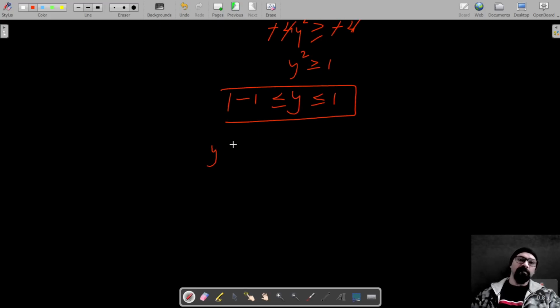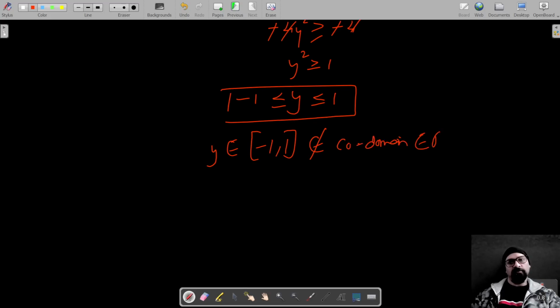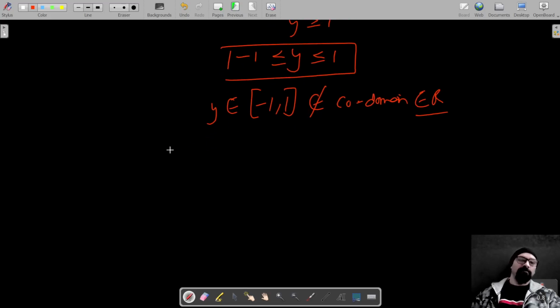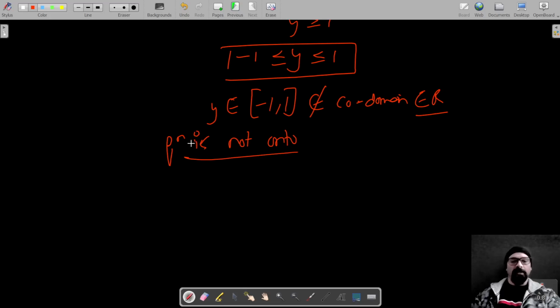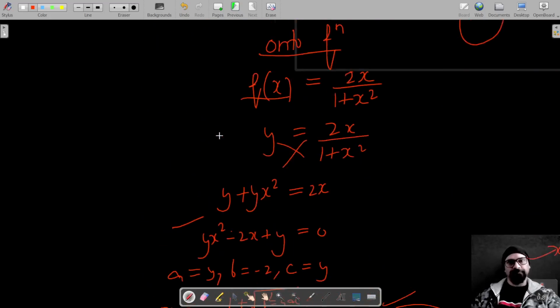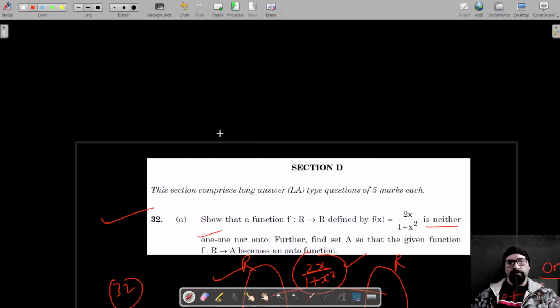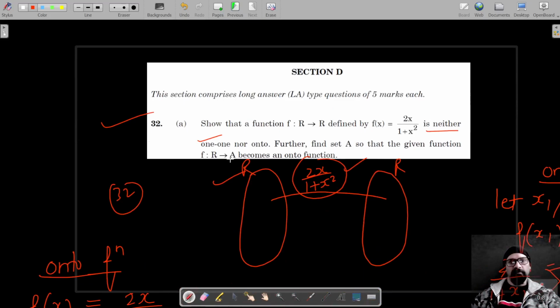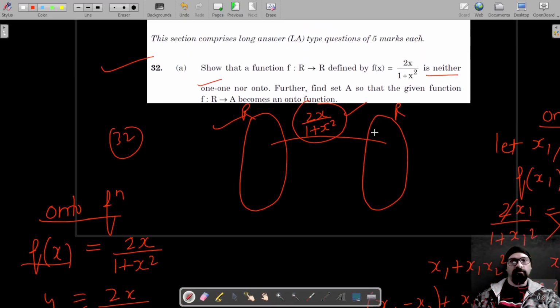So our range is restricted to -1 to 1, and this does not equal the codomain, which was our real numbers. So that means the function is not onto. And it's also asked in the question, what should be set A so that the given function f from R to A becomes an onto function.